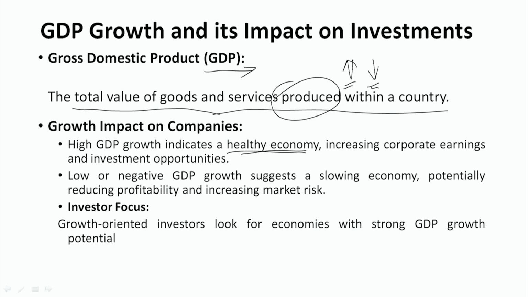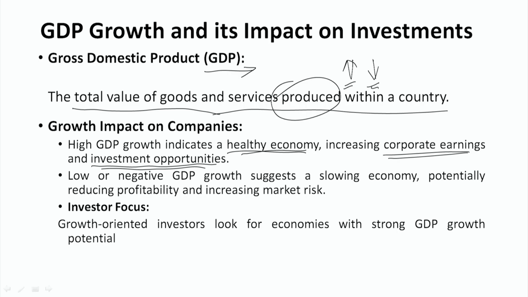You have a healthy economy and the corporates' earnings are also increasing. So if these two things are going together, then we can say that it is the best time for you to make an investment. So it's always better to put your money in an economy which has a higher GDP growth rate.